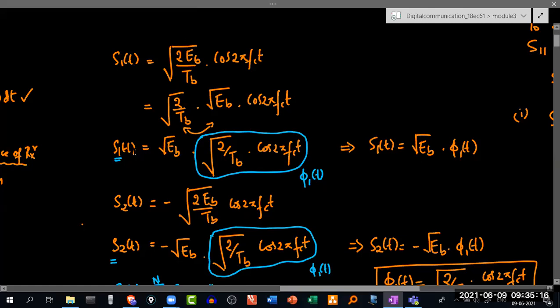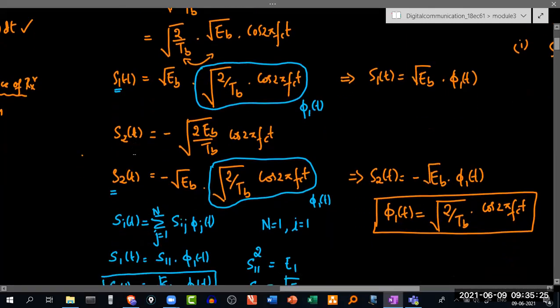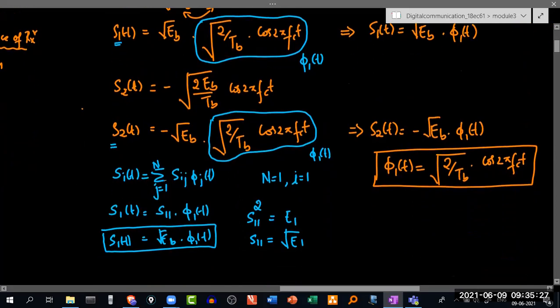Now here if I take you back to Gram-Schmidt's orthogonalization procedure, we had seen that any signal can be represented as a linear combination of n-dimensional orthonormal basis functions, and because of which S1 of t can be thought of as equal to S11 into phi1 of t.